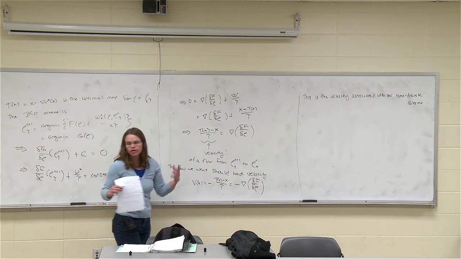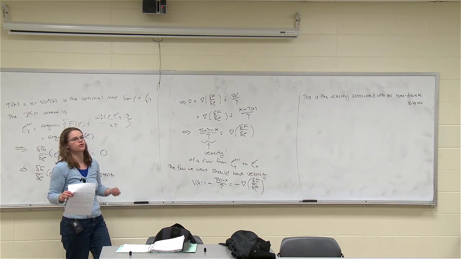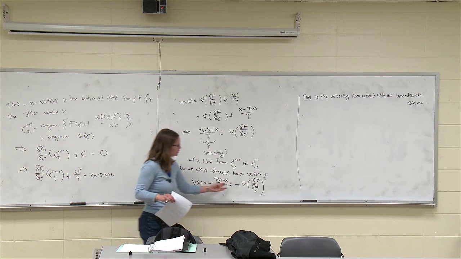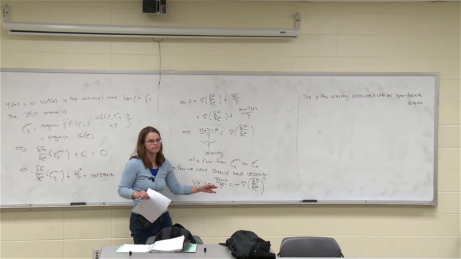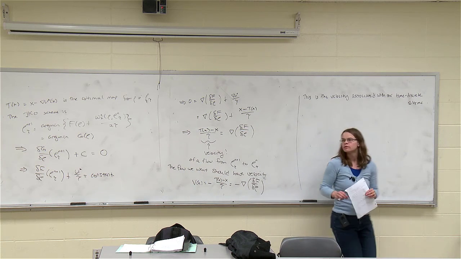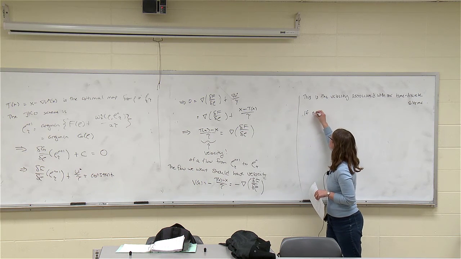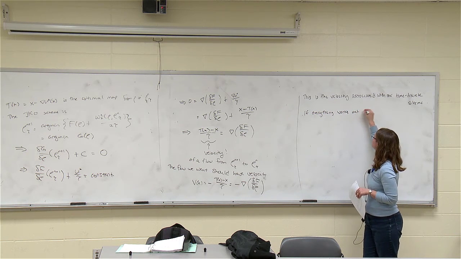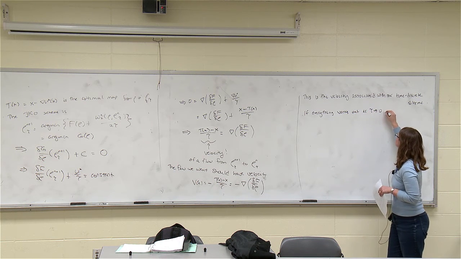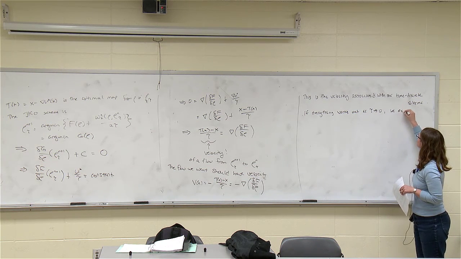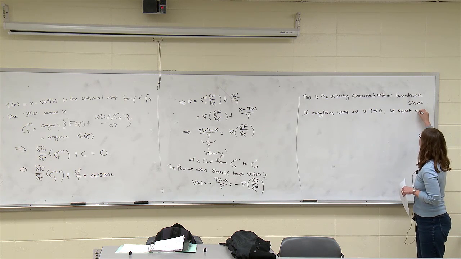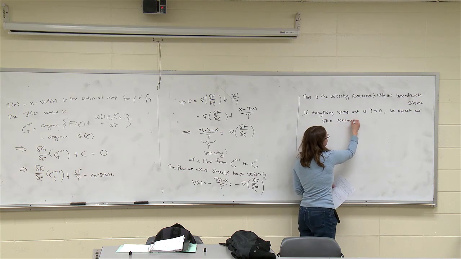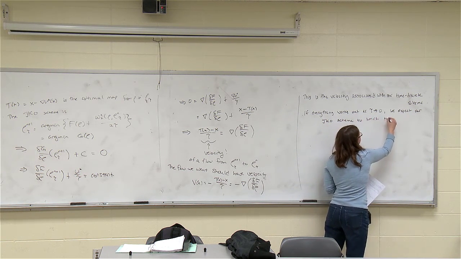So now if everything works out, if we can take limits as tau goes to 0 and get the expected results, we're going to expect to get a continuity equation with this as our velocity field. Okay, so if everything works out, as tau goes to 0, we expect our JKO scheme to limit to this flow.